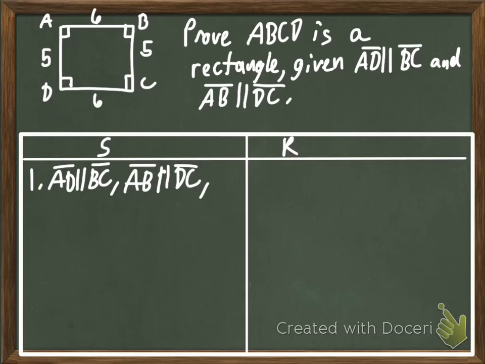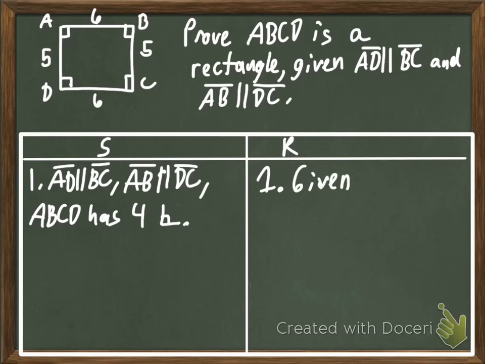Well, that's important if we're talking about a rectangle. So, we can also say that ABCD has 4 right angles. That's very important. And we can group all these things into one reason because they're all given.